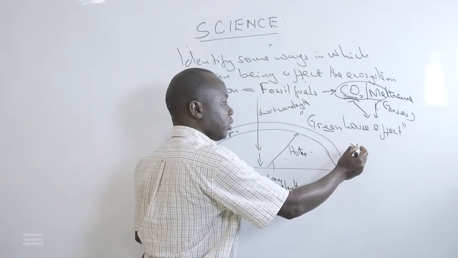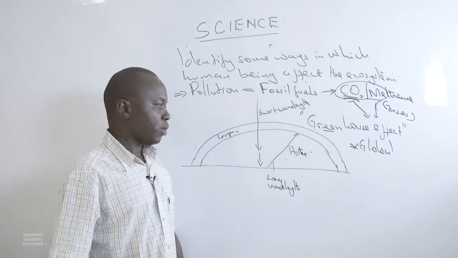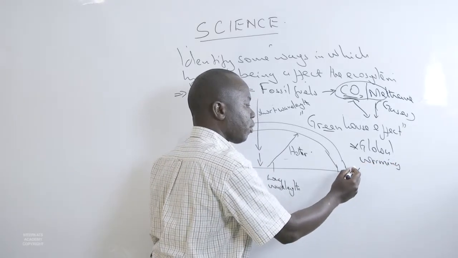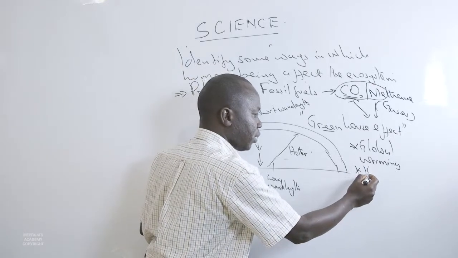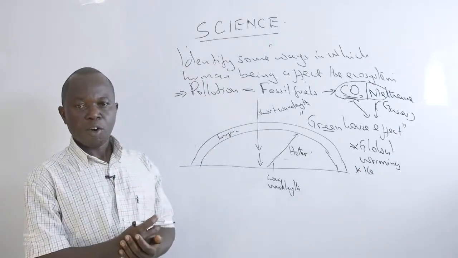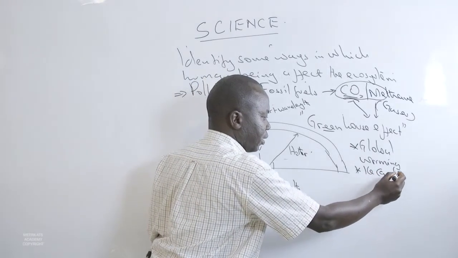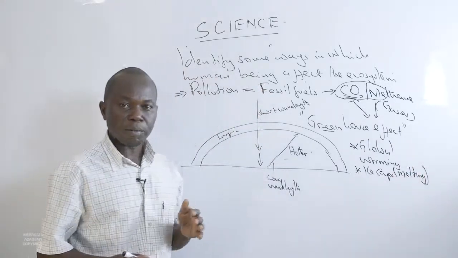One of them is that it causes warming around the globe. That warming is called global warming. Global warming has several effects. It has led to increased melting of ice caps. Ice caps melt at a rate that they are not being formed.